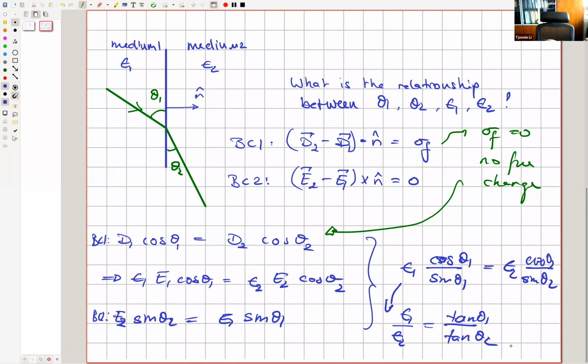Okay, change the angles. Theta 2, sorry, theta 1. Theta 2.